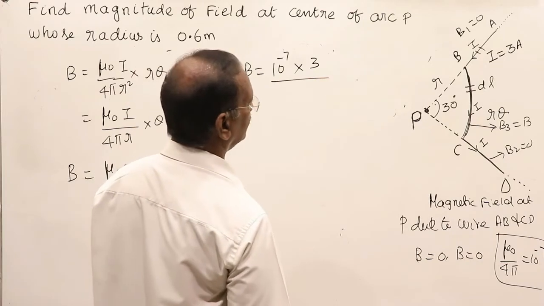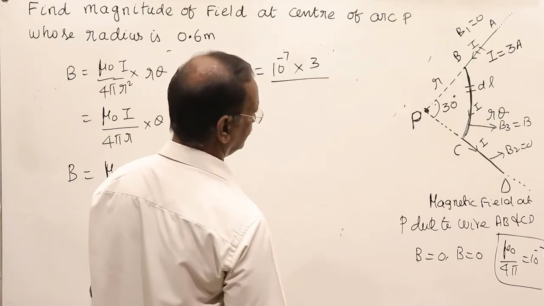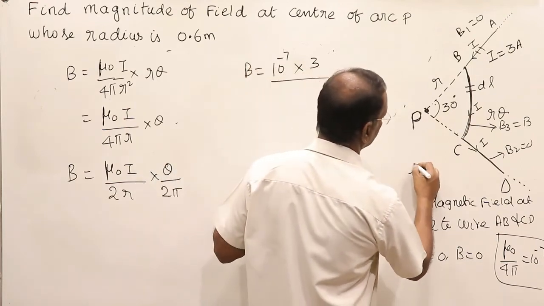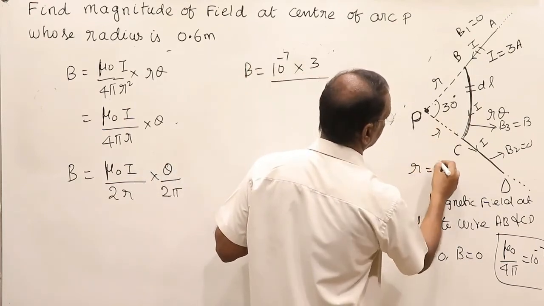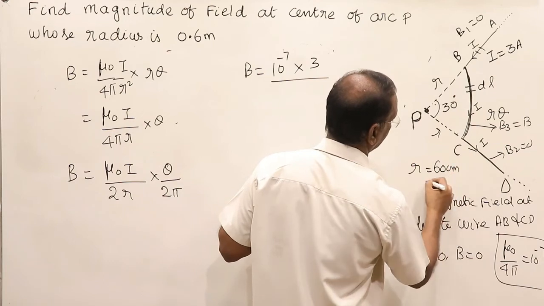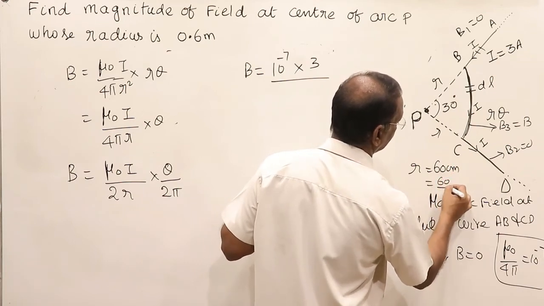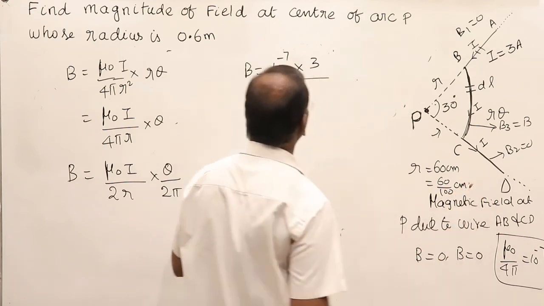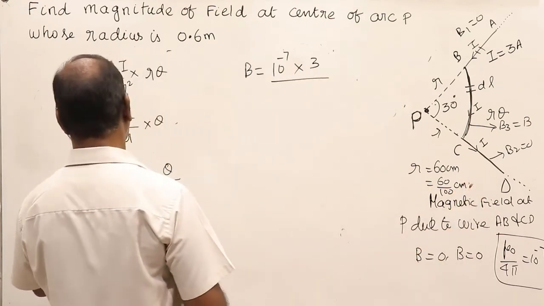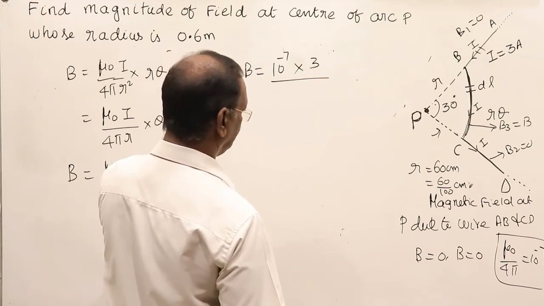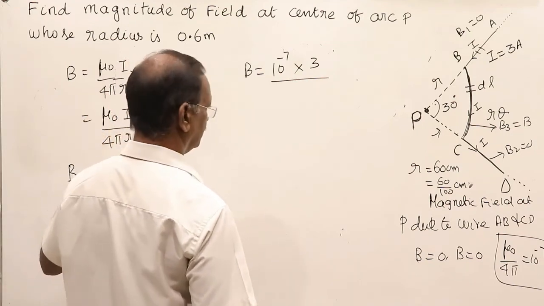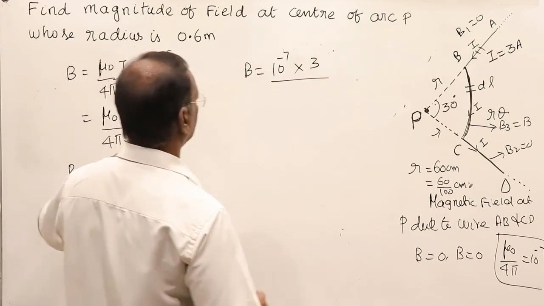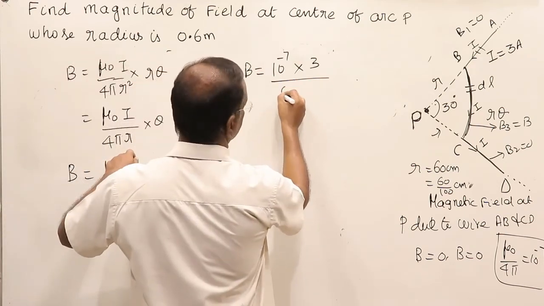What is the radius of the arc? Radius of the arc R is given, this R is equal to 60 centimeter, or we can write 60 divided by 100 meter, that is 6 divided by 10.